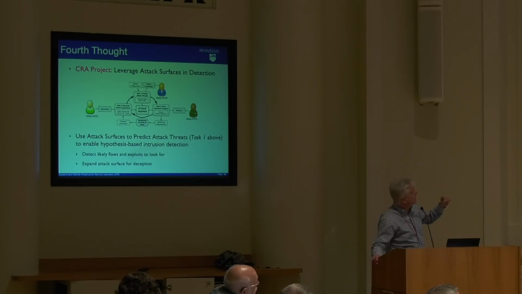I can read it okay from here, so I'll go ahead with it. But the first step in task 1 is about predicting the attack threats, and that's essentially the attack surface problem. So we need to figure out where threats are coming into our system as a first step in trying to assess how we're going to track adversary behavior.